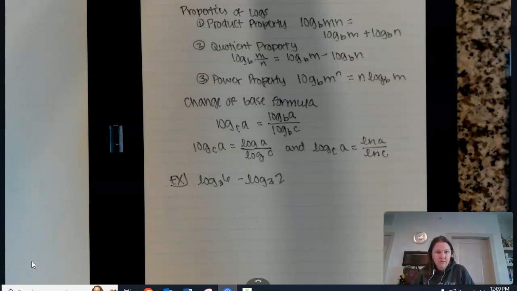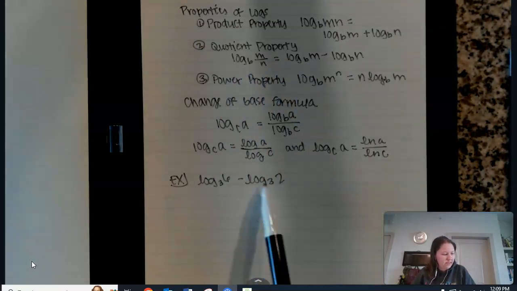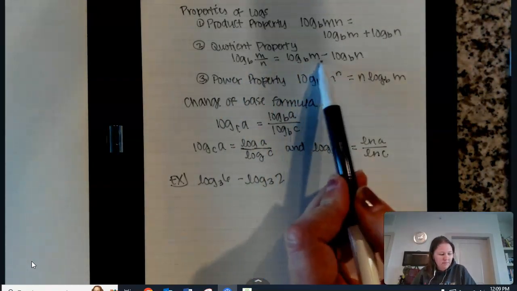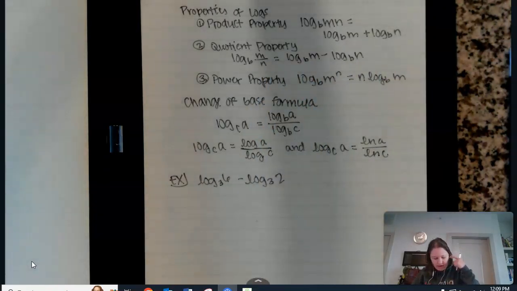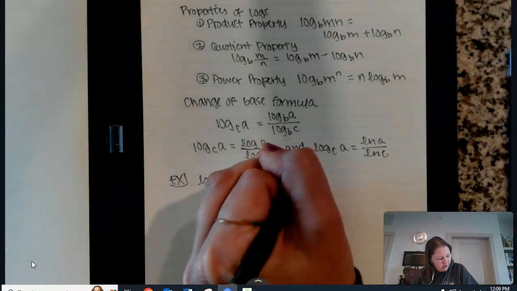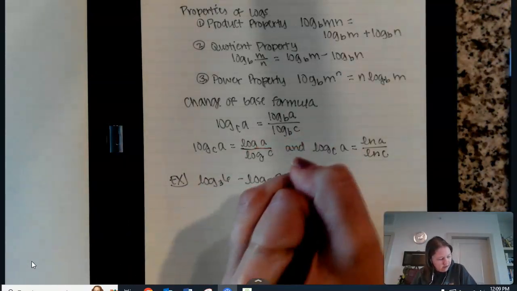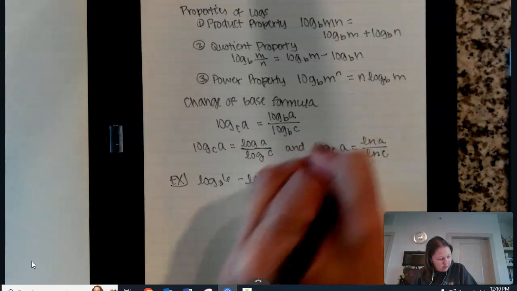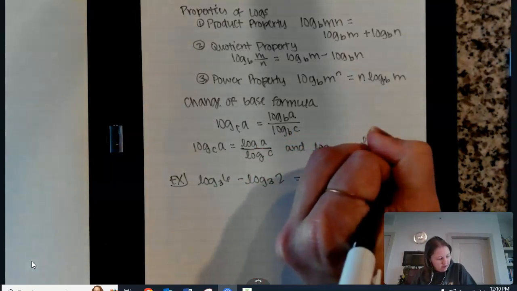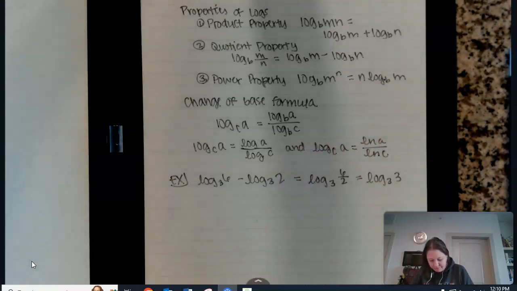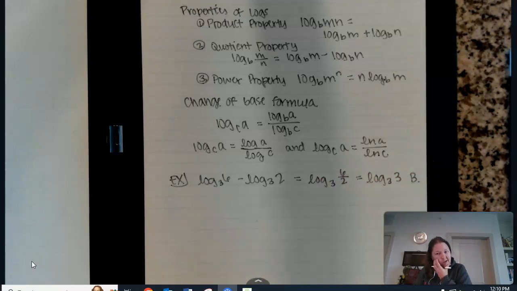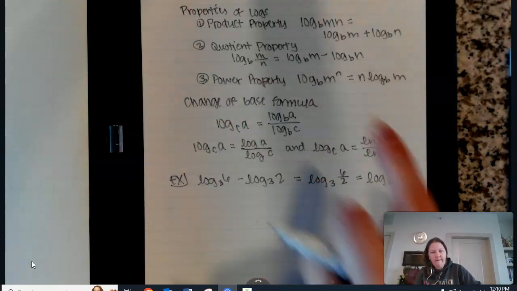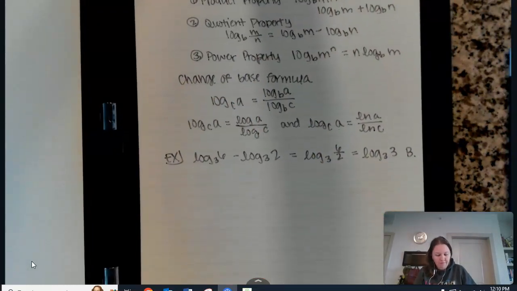So we're going to use this quotient property here, right? They have the same base. So we're going to divide, and 6 divided by 2 is 3. So this is going to be log base 3 of 6 divided by 2, which is going to be log base 3 of 3. So that should be letter B. So subtraction, so I knew I needed to divide. 6 divided by 2 is 3.